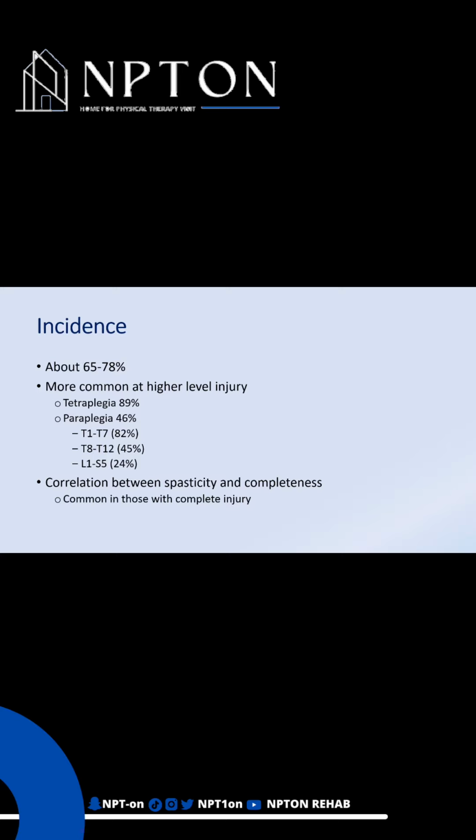And the incidence of spasticity is less in those with lower spinal cord injury, like in those with lower paraplegia. Also, there is a correlation between spasticity and the completeness of injury, and those with complete injury have more incidence of spasticity.